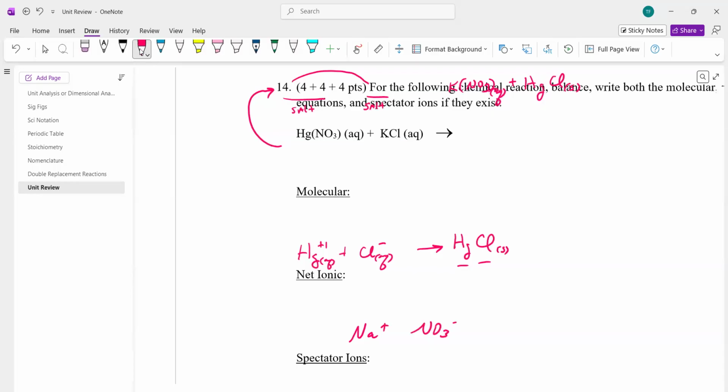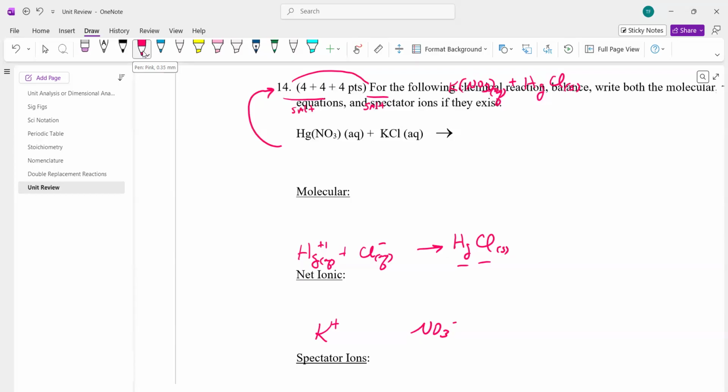On the test, do you want us to show the negative and positive charges, like K plus? For spectator ions, yes.